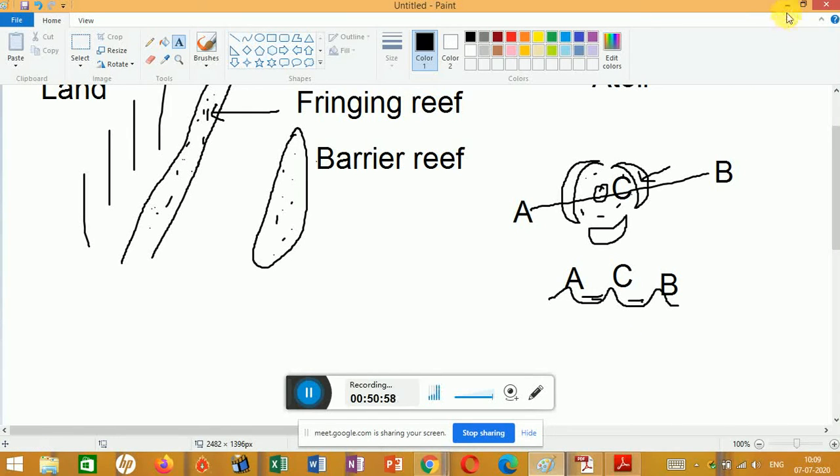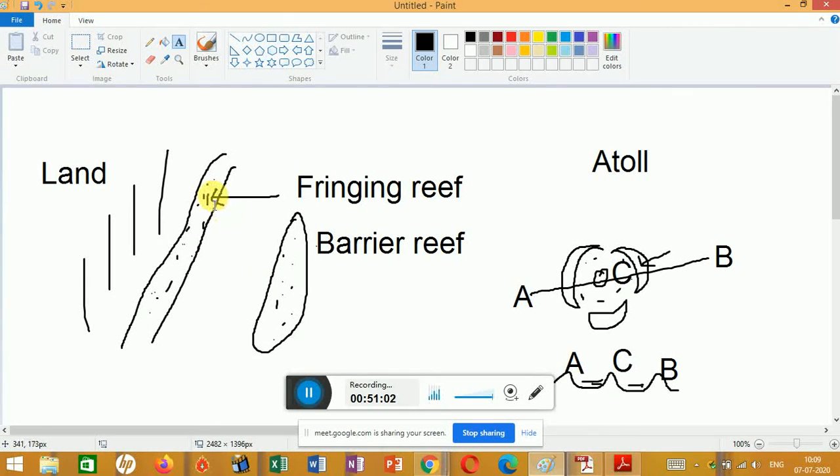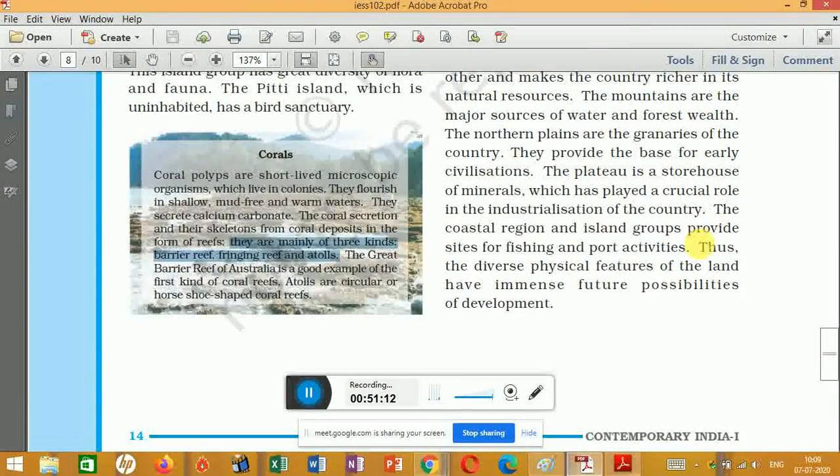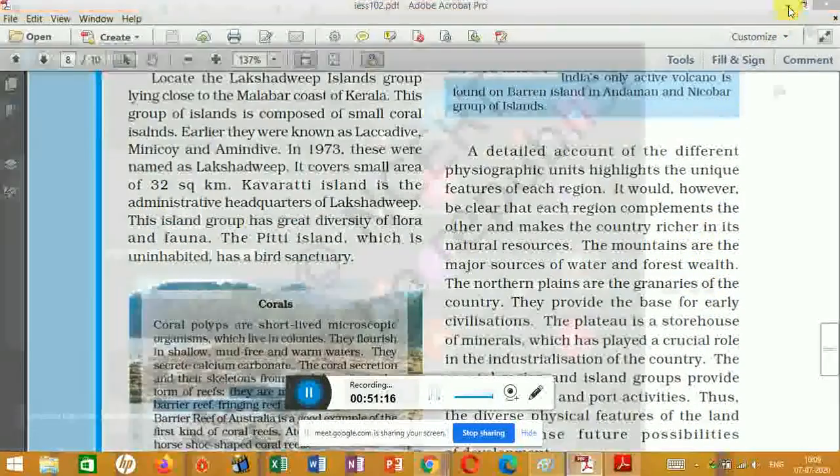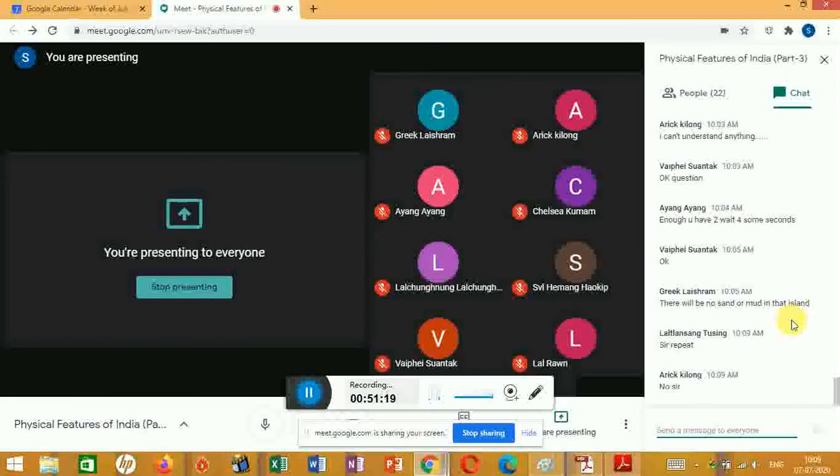So these are the three types of corals: fringing reef, barrier reef, and the atoll. Any question about coral? Since no questions are coming, let us proceed.